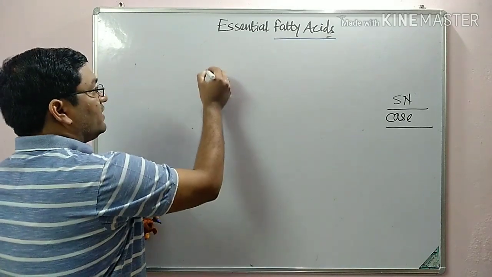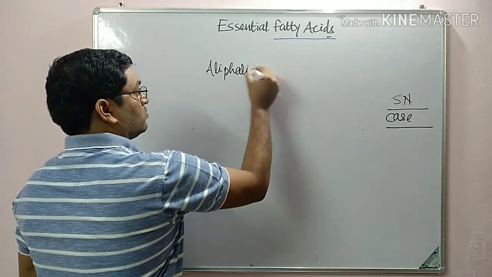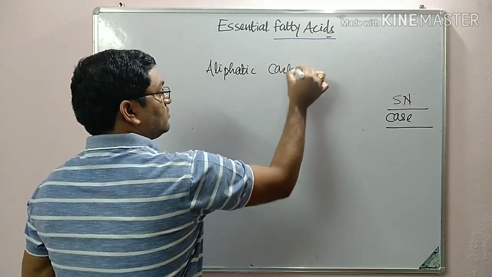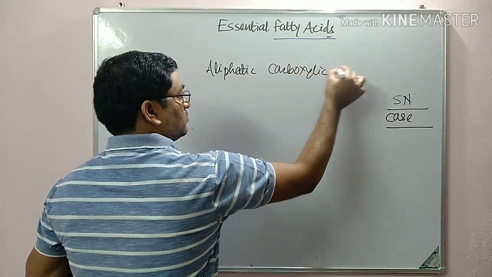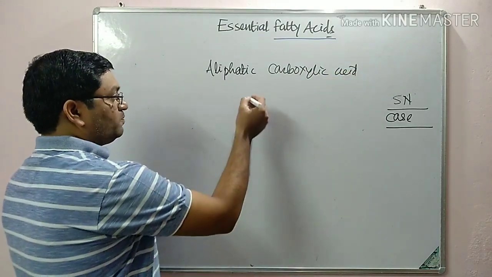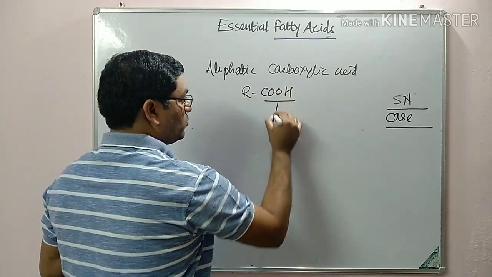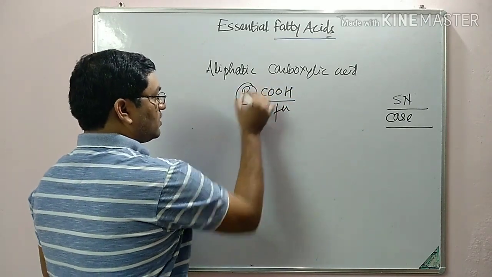These are aliphatic carboxylic acids with general formula RCOOH. This is a functional group and this is the hydrocarbon chain.